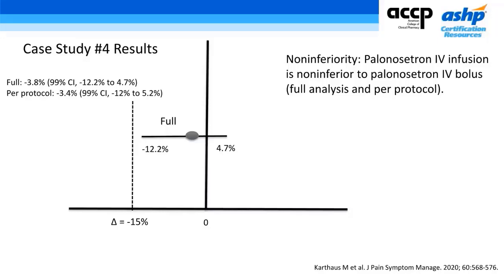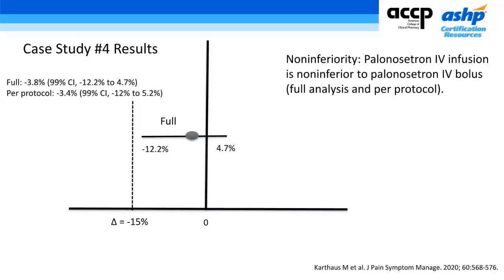And so you see that shown in this graph, we have the null effect of 0 because we are not working in ratio world. We have our dotted line to show our non-inferiority margin of minus 15%. The confidence interval range is shown by the horizontal line, minus 12 to 4.7.